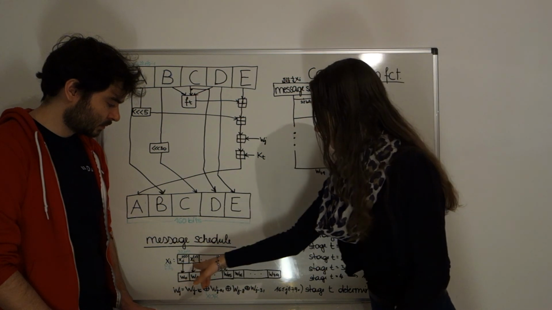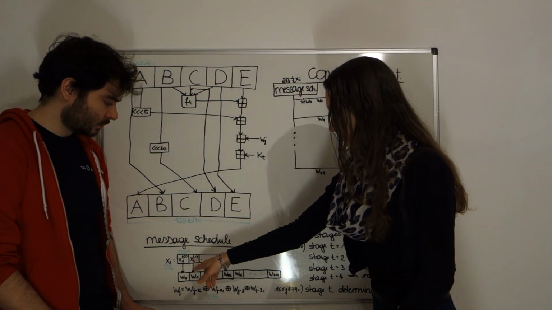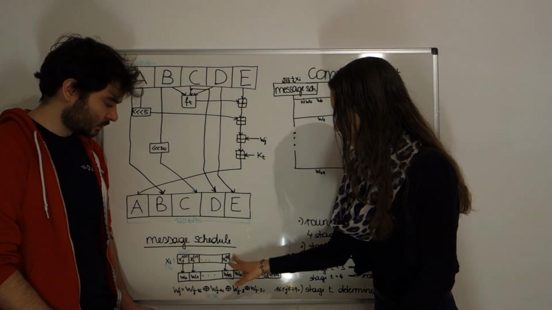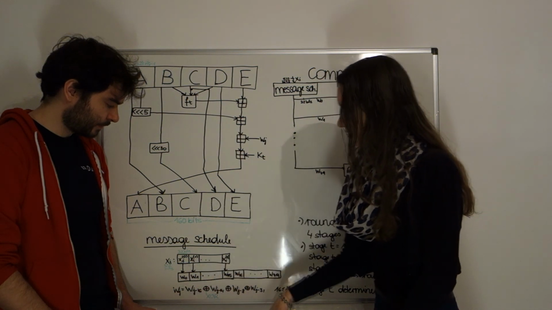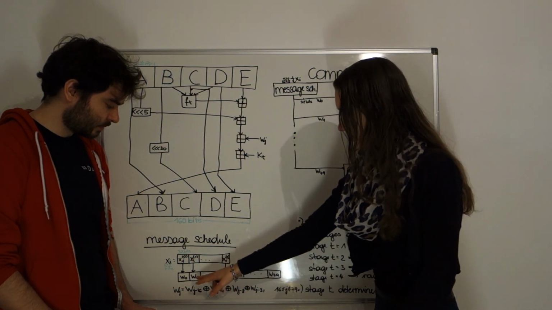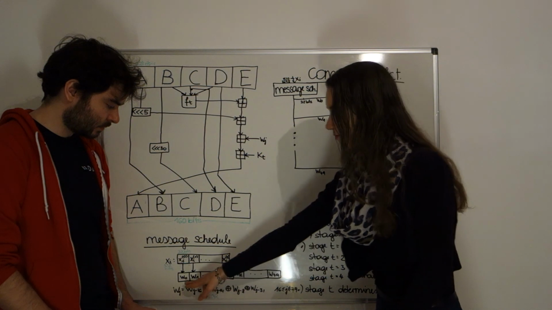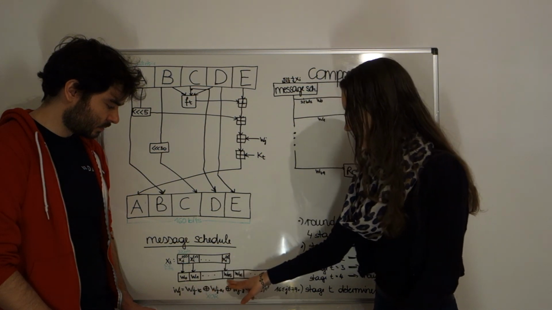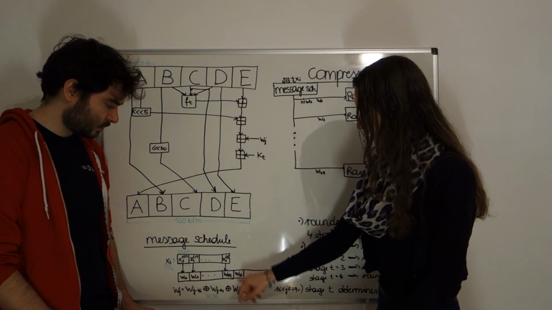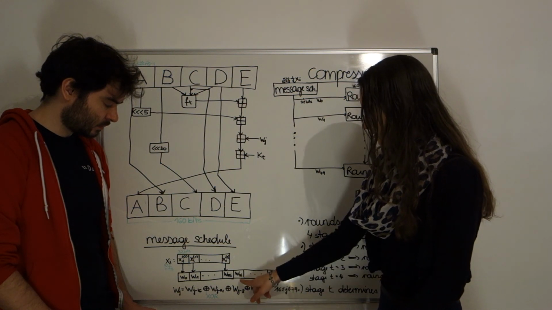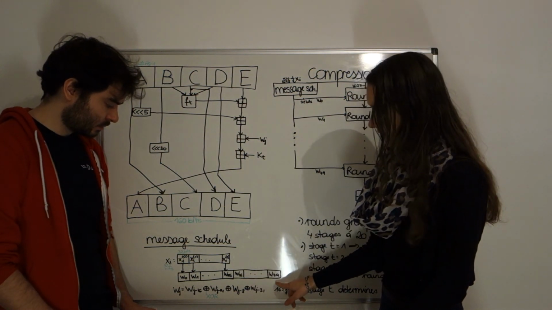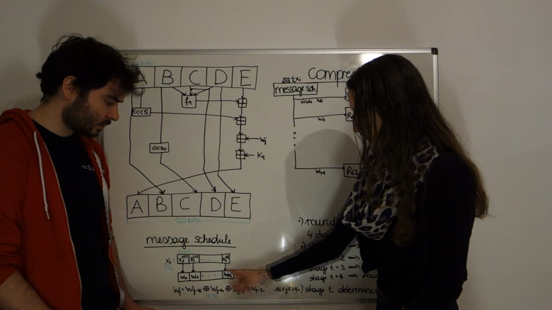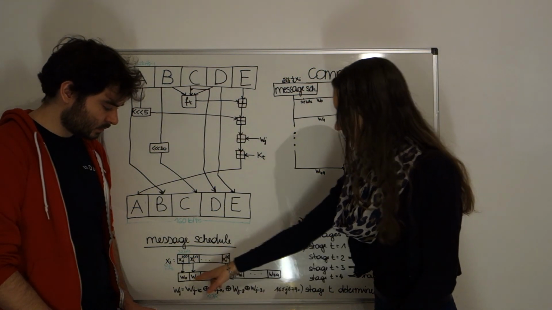So we get 16 blocks, block 0 to block 15, and these 16 blocks become our first 16 words, word 0 to word 15. And for the last words, word 16 to word 79, we do some calculating with the first words.